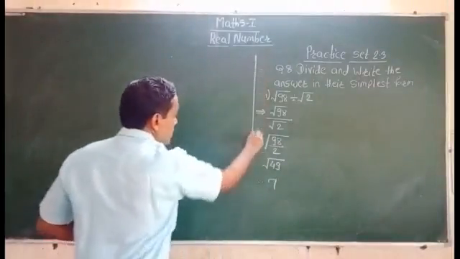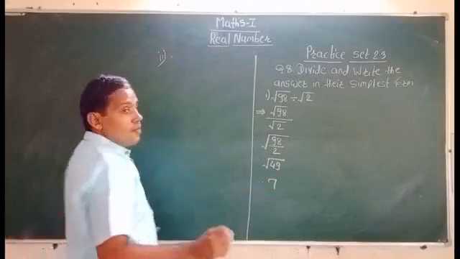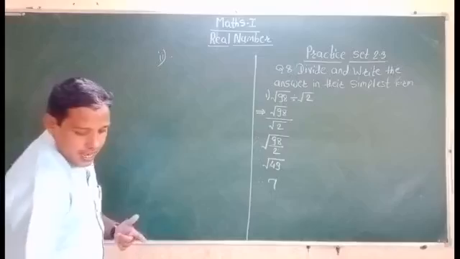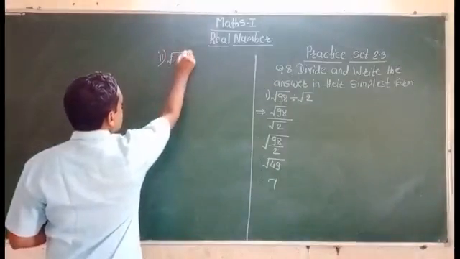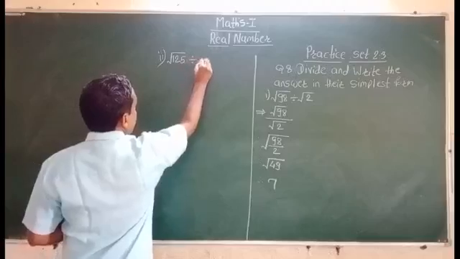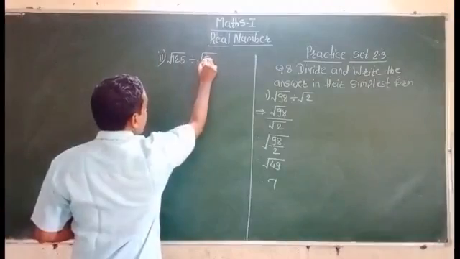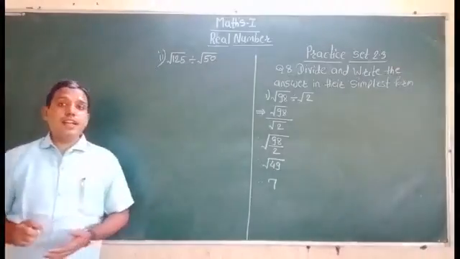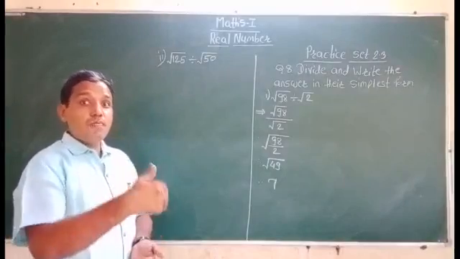Here is one more example to better understand the division process in surds. Surd 125 is divided by surd 50, and you give the answer in simplest form.